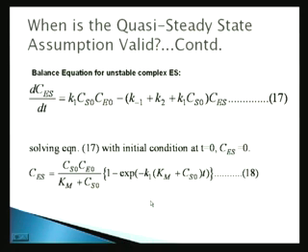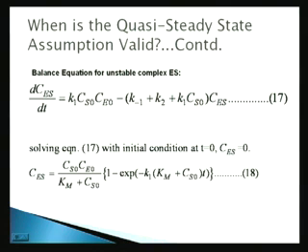The right answer is you have del Cp del T equals K2 into CES, and CES is given by that. So your del Cp del T is essentially K2 into this part times exponential minus time. So the rate itself is now a function of time. You see the difference. In equation 17, the rate itself is not a function of time. Only after you integrate it, it becomes a function of time.